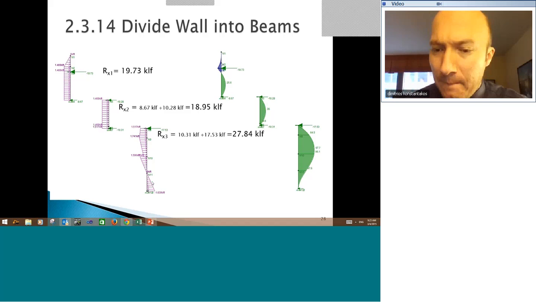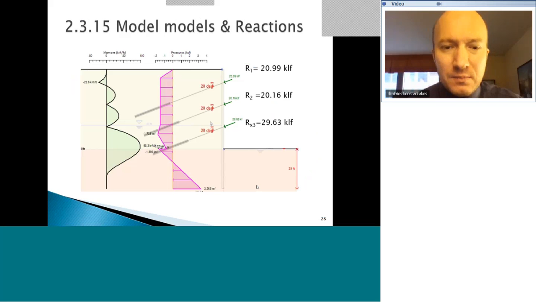It's never going to be exactly 0 because of rounding and other things, but if it is very close to 0, you're fine. Once we have our analysis, we can look into our model. We have to take our support reactions and resolve them in the direction of the tiebacks at 20 degrees. And we have our simple span moment diagrams that look like that overall.